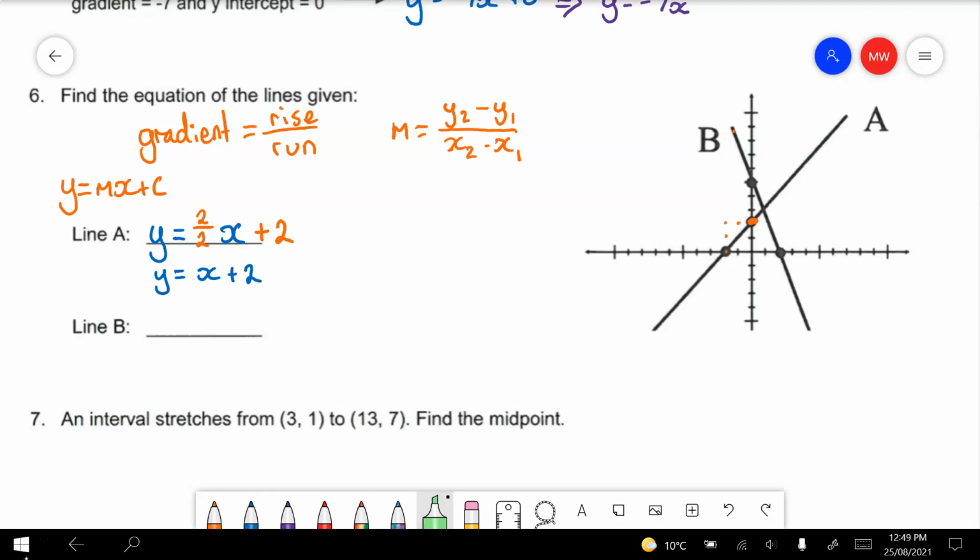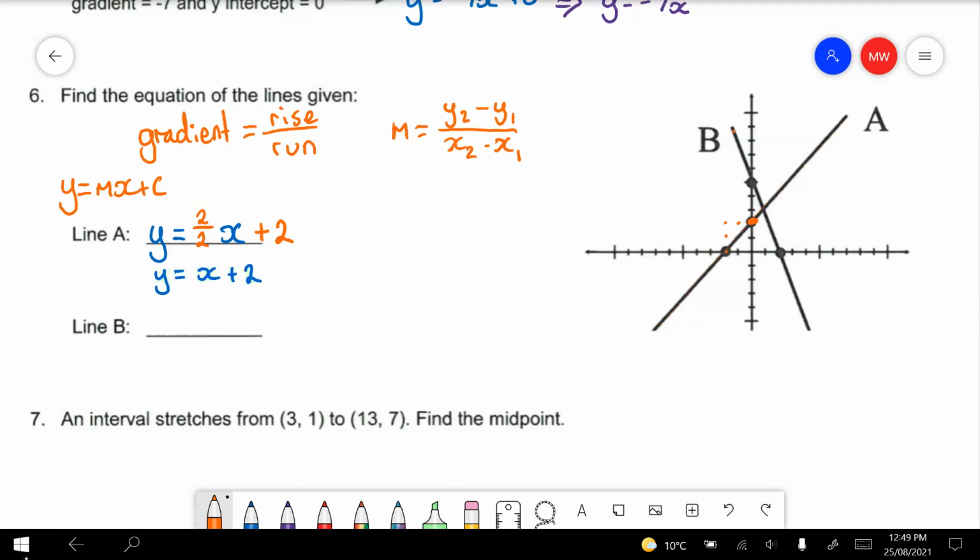And this is the answer to line A. You might notice as well that the gradient, 2 on 2, is positive. That's because the line is going up like we talked about, but also we've moved in a positive direction and then we've moved in a positive direction again. So a rise in the positive, a run in the positive.